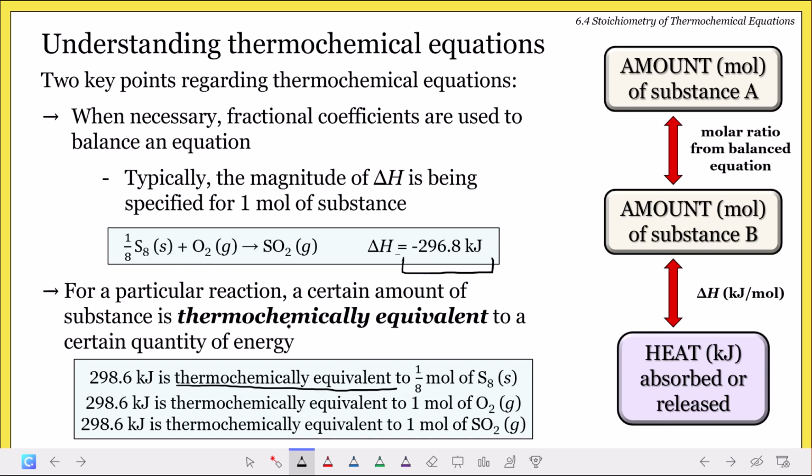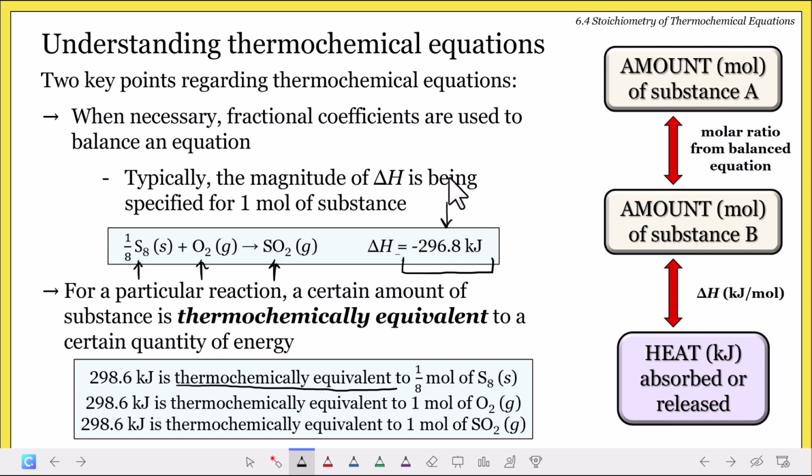So it's thermochemically equivalent to 1/8 of a mole of sulfur, 1 mole of oxygen gas, and 1 mole of sulfur dioxide. Keeping in mind the concepts of mass conservation and energy conservation, if we change any of these amounts of substance, then it's going to change the value of our delta H. It's going to change the amount of heat that is released by this process.